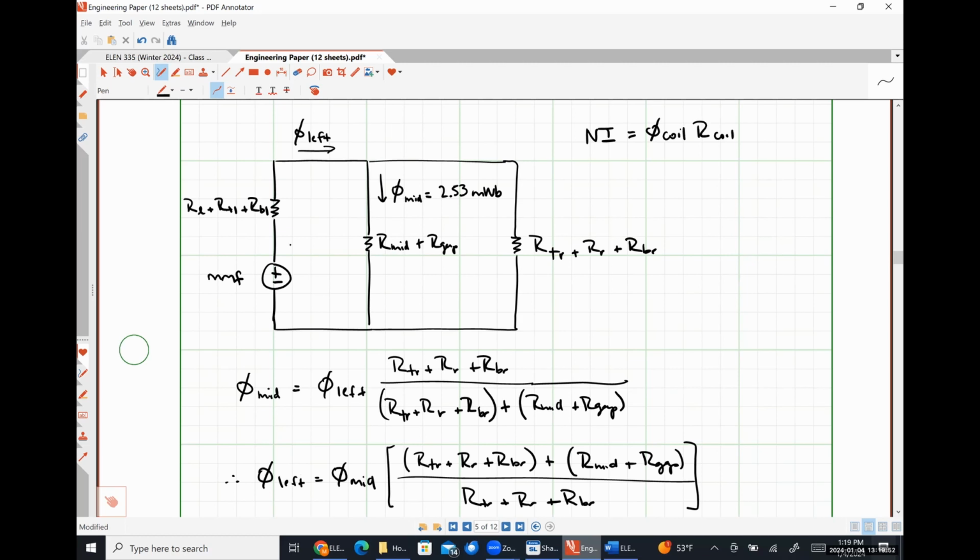So I had to look at what is the equivalent reluctance the coil sees in order to use that Ohm's law-like relationship. So if the coil was here in the middle, it would have been R mid plus R gap in series with the left-hand leg in parallel with the right-hand leg. If the coil were over here, it would have been the equivalent reluctance of the right-hand leg in series with the parallel combination of the left and the middle. Yep.